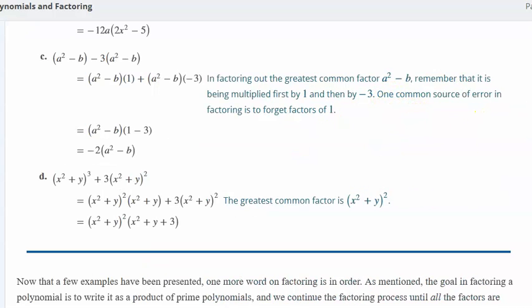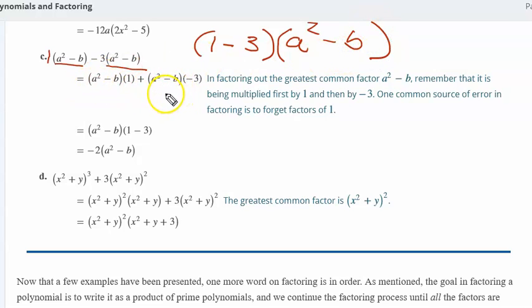Now, for example C here, as we study it, we see we have this binomial, which is the common factor. And there's actually a 1 in front of that we don't write. So if we were to factor this, we would go 1 and the minus 3 times a to the second minus b.